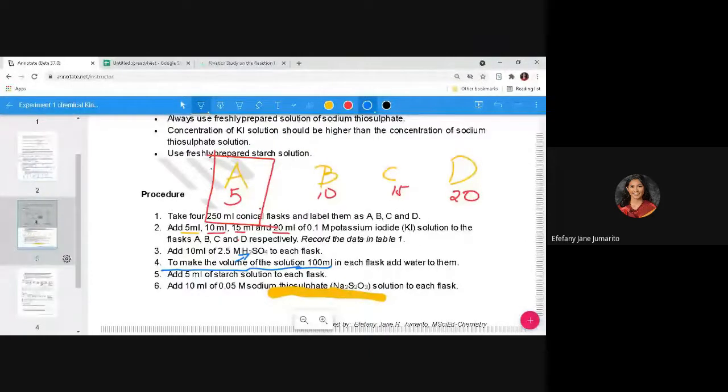We are done with flask A. Now let's go to flask B. Procedure 1.